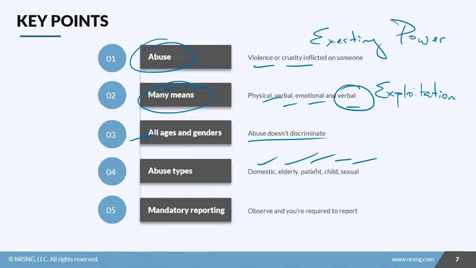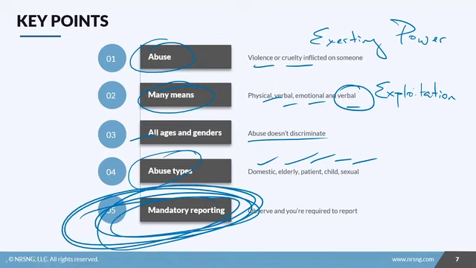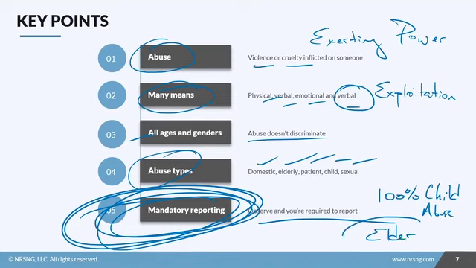You need to learn to recognize them and remember the cases that you are required to report. I cannot highlight this point enough. Observe what you see and you are required to report 100% of child abuse and most cases of elder abuse. If you suspect elder abuse, find whoever your leadership is and say, hey, I suspect this.